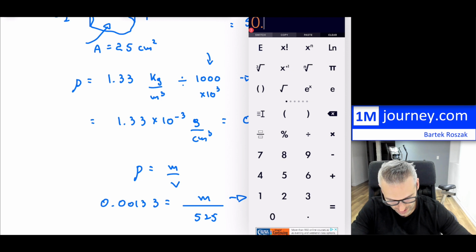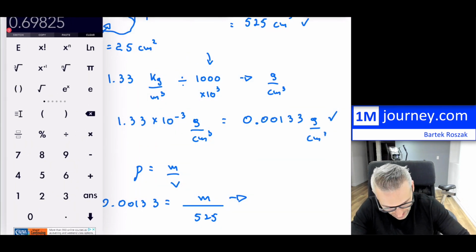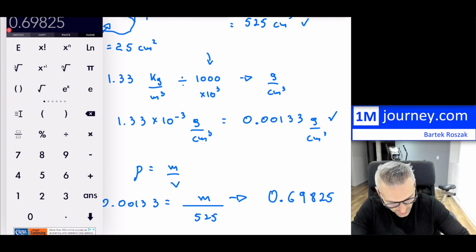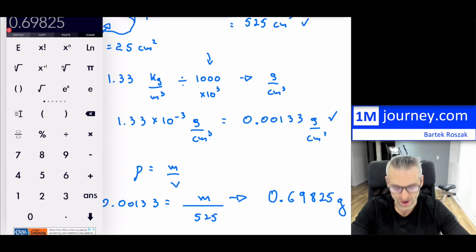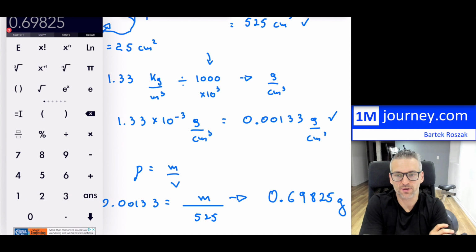So 0.00133 times 525 equals, and so here you go. That's your answer. It's not going to be that much, 0.69825. And this would have been in grams.